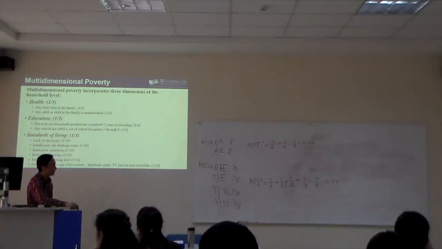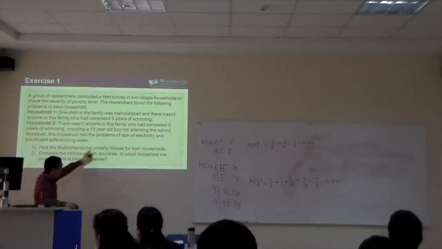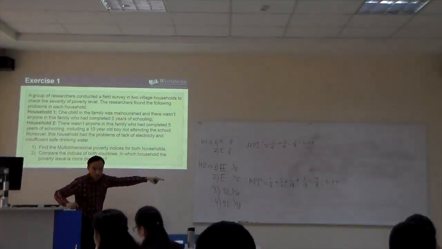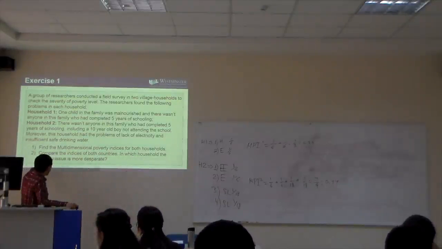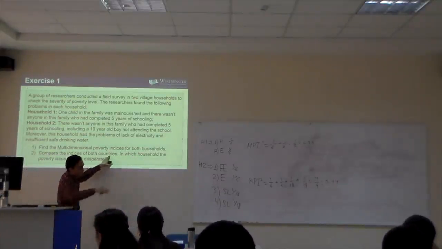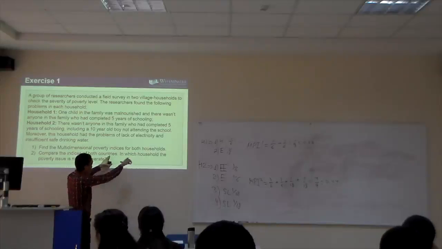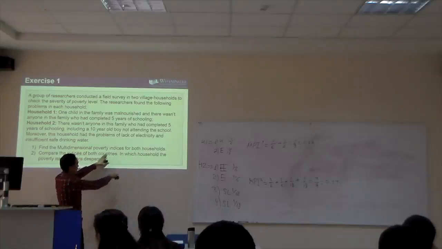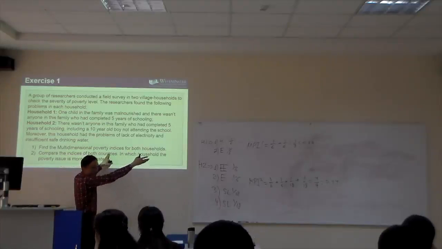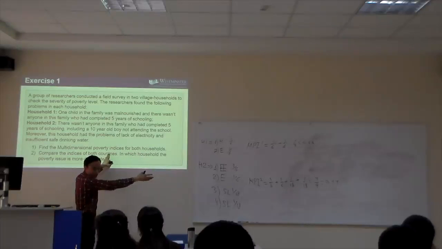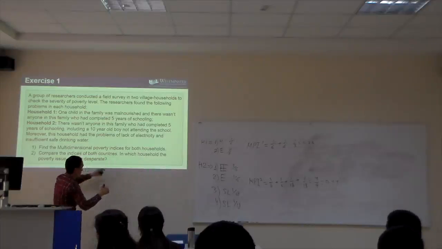Okay, good. So now, for both households we calculate, right? The question is, compare the indices of both households. Household 1, 33%, household 2, 44%.